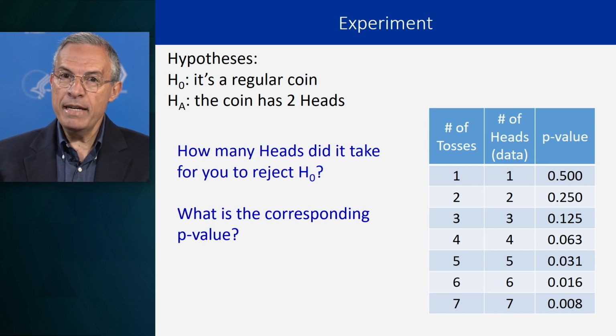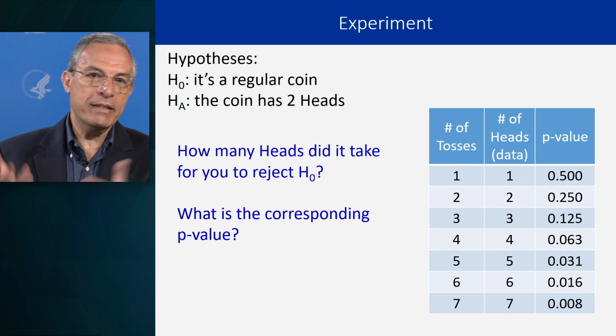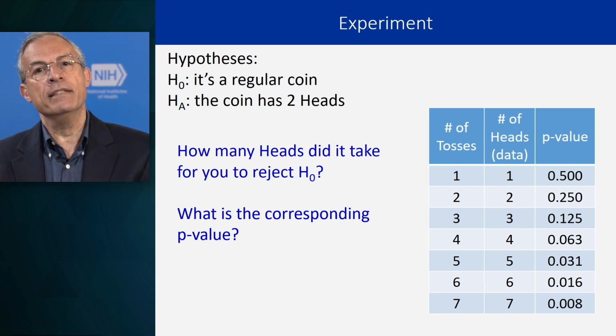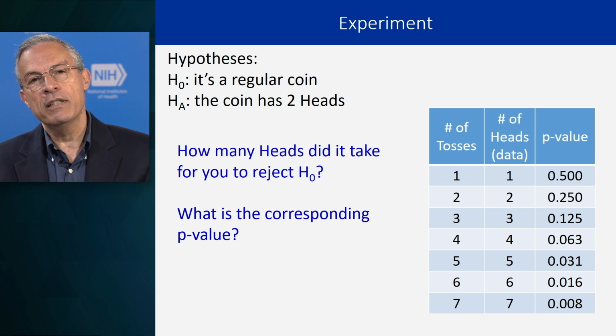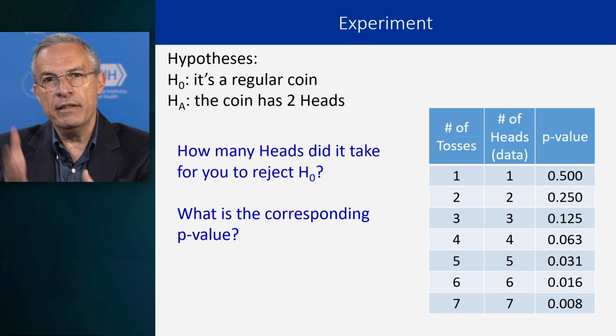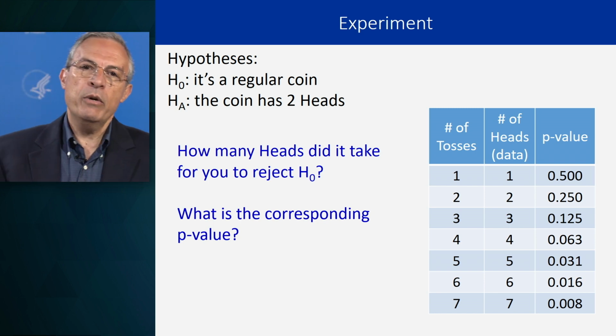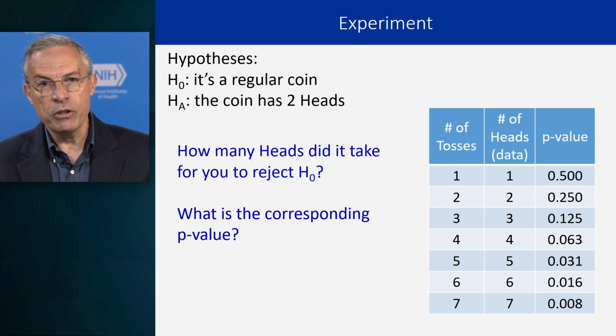Okay, well, the data is the data. We can't say, oh, but you didn't get really 7 heads. I did get 7 heads. So if the data is the data and the probability of getting the data under an assumption is very low, what are you going to question? You're going to question the assumption.